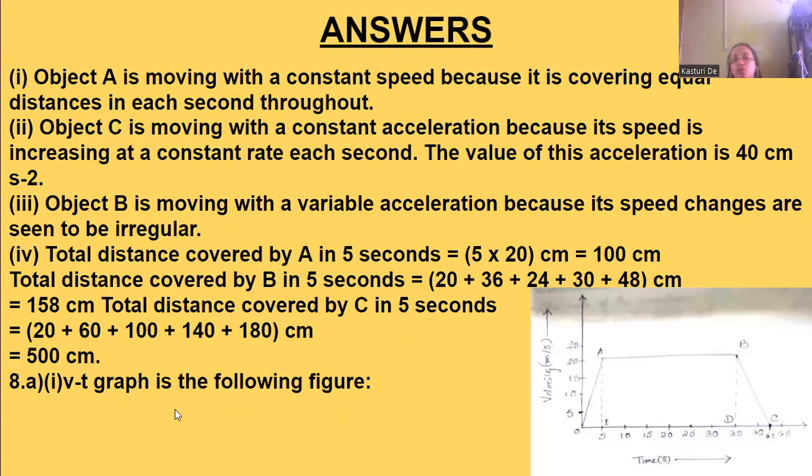Okay, so this is the velocity time graph we have made. It starts from 0 and gains a speed of 72 kilometers per hour, which converted to meters per second is around 20 meters per second.